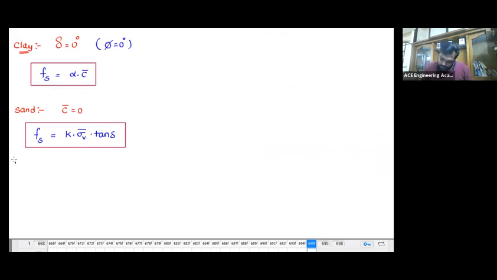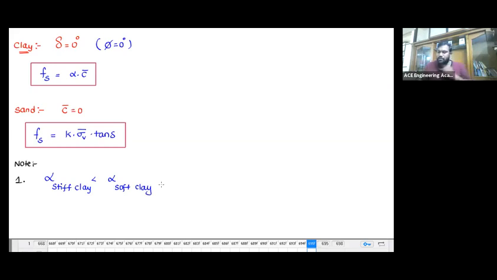Note the points over here. Number one, the alpha for stiff clay, with its shear mobilization, is less than the alpha for soft clay.